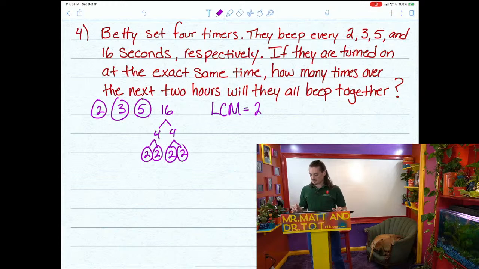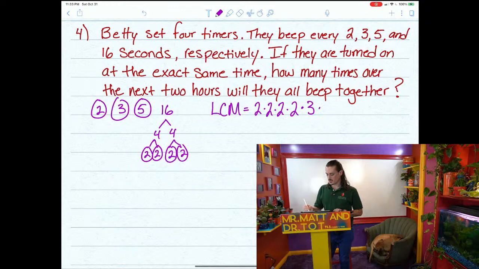So if we calculate this, this is going to be 2 times 2 times 2 times 2, which in other words is just 16, times 3 times 5, which is going to be 240. So this means that every 240 seconds, and only every 240 seconds, will all 4 timers beep together.